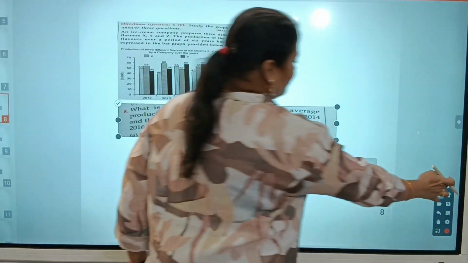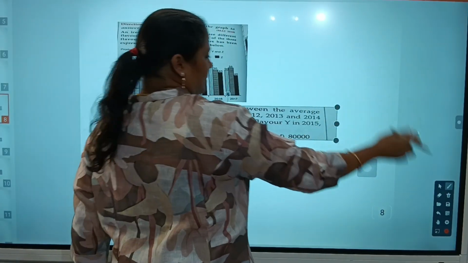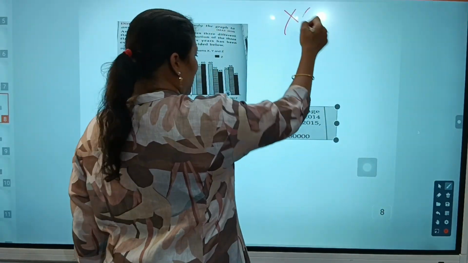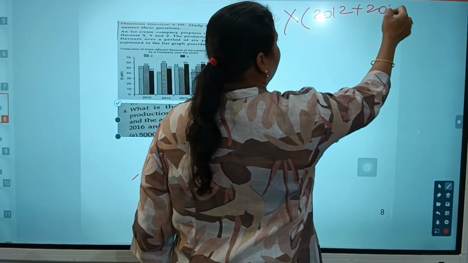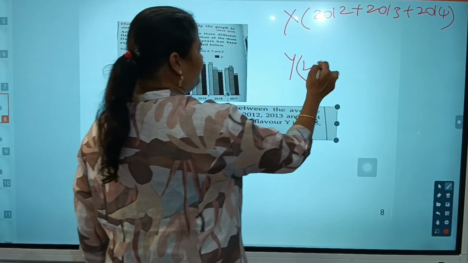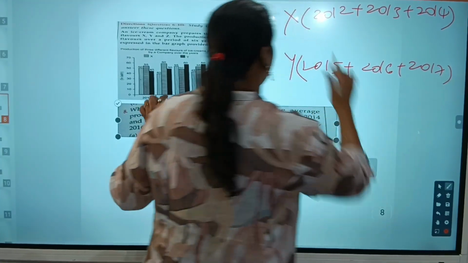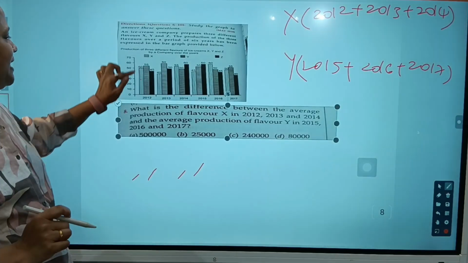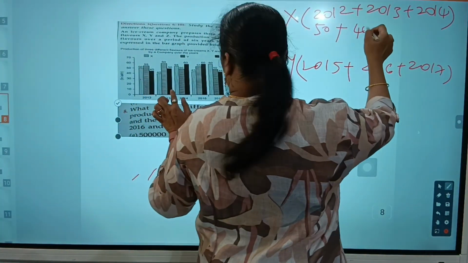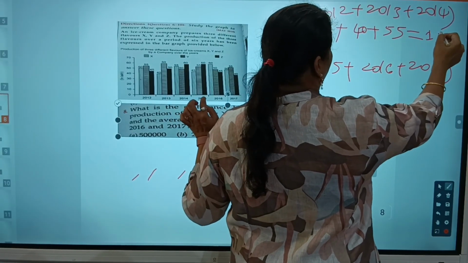X values 2012, 13, 14 and Y values 2015, 16 and 17. So X value 2012, you can see clearly in the graph, is 50. 2013 is 40, 14 is 55.